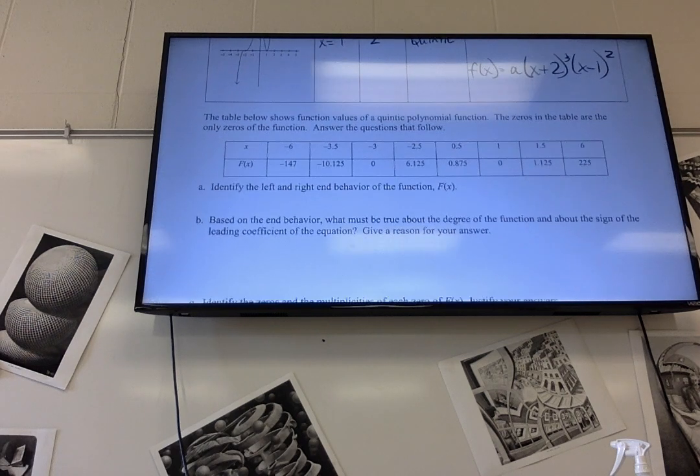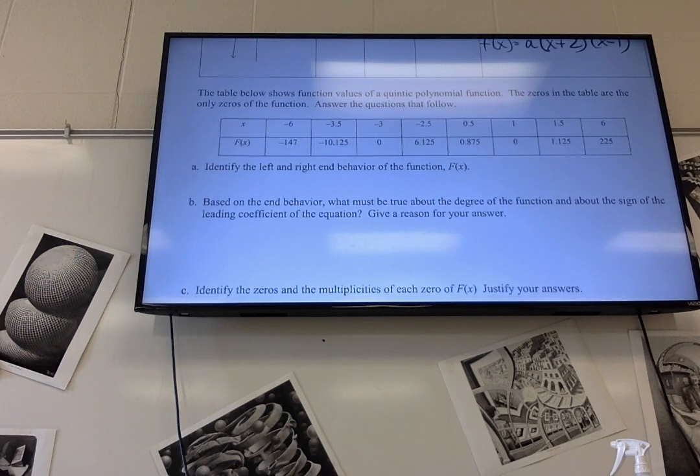Okay, so we're now going to try this stuff with the table. We've done it graphically, now we're going to do it numerically, which just means from a table. Using this table, the directions tell you that the zeros in the table are the only zeros. So here's a 0, here's a 0, that's it.